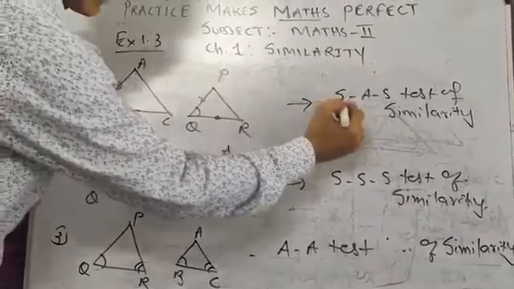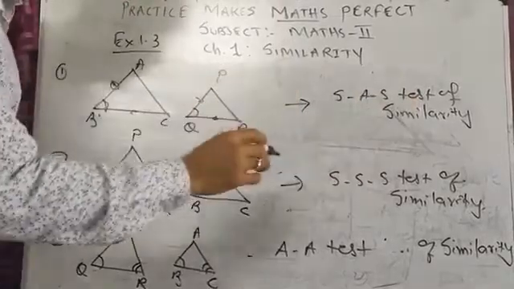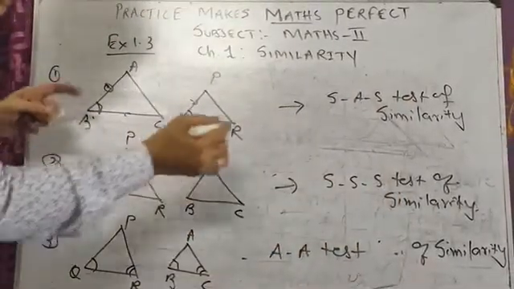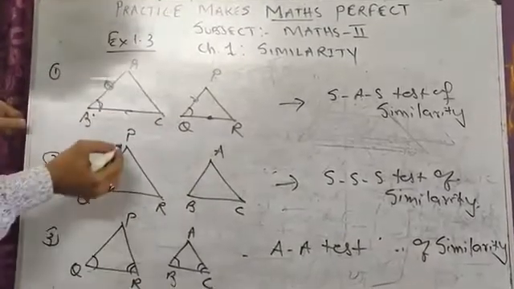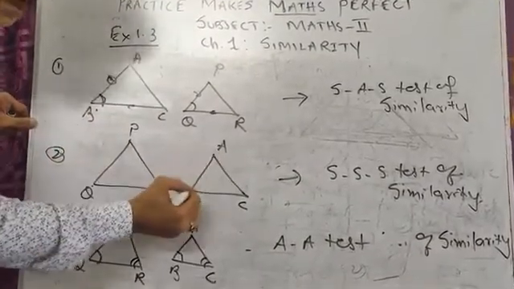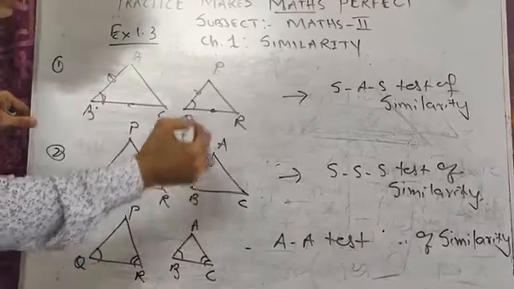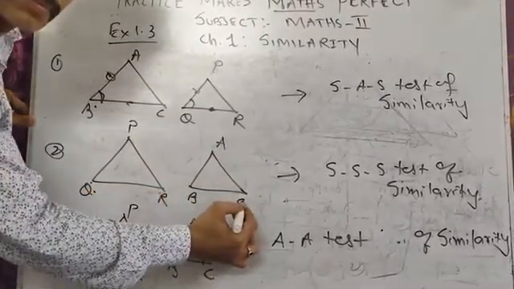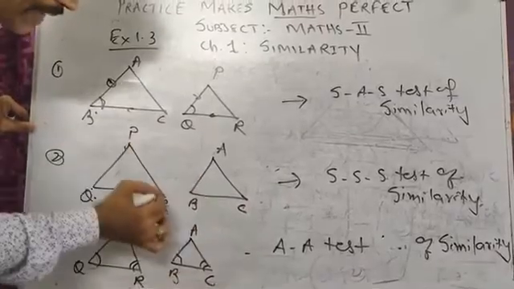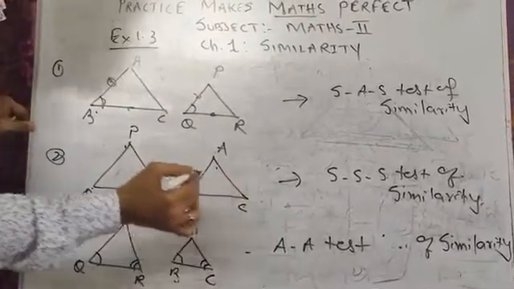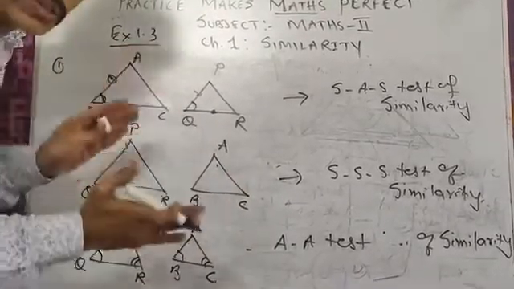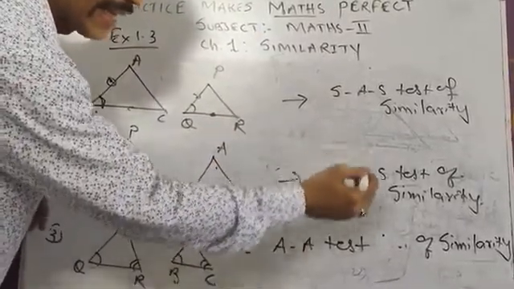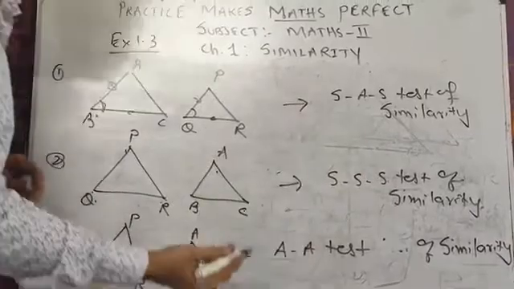So you will get the side angle side test of similarity like this. Now for the side test, all the three ratios must be equal. Means PQ upon AB must be equal to QR upon BC, and this must be equal to PR upon AC. So when all the three ratios are equal, then only it will come in the side test of similarity.